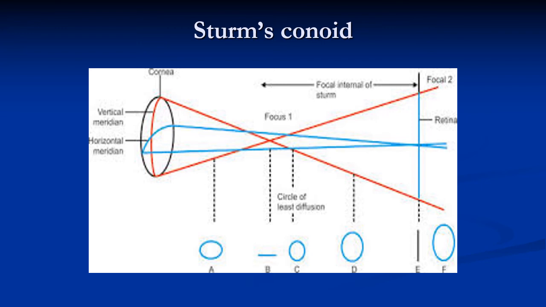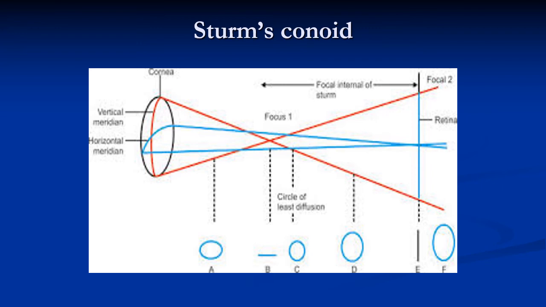But many times the corneal curvature is different in different meridians, vertical and horizontal. When the curvature is more, the bending of light is more. If the vertical curvature is more, the rays coming through the vertical meridian will focus before the horizontal rays.